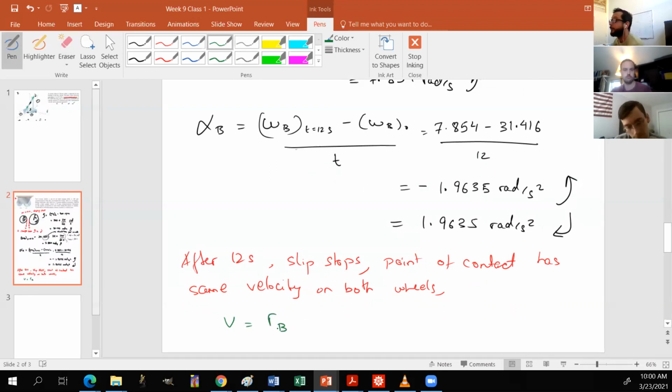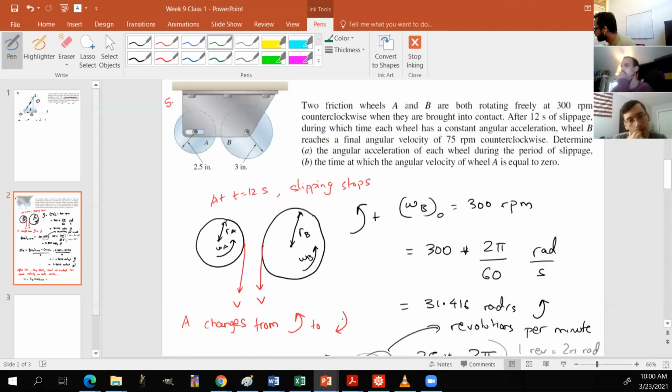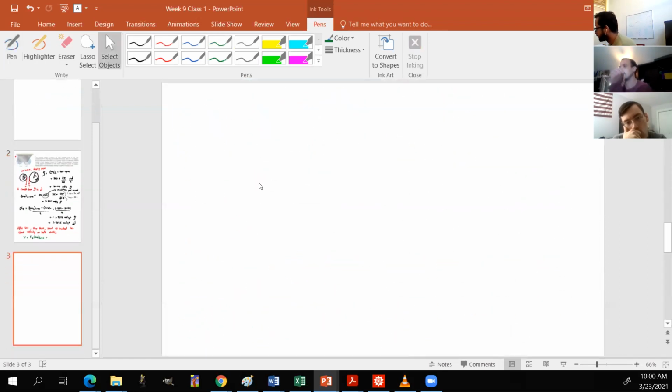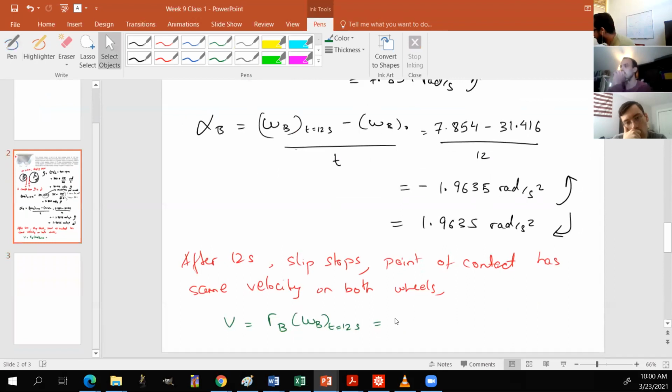You could do it with your cross product as well, which is how I prefer to do it, but this is the shortcut method that some people love and appreciate. Right, so the radius of B is 3 inches, so that's 3 inches times 7.854 radians per second.